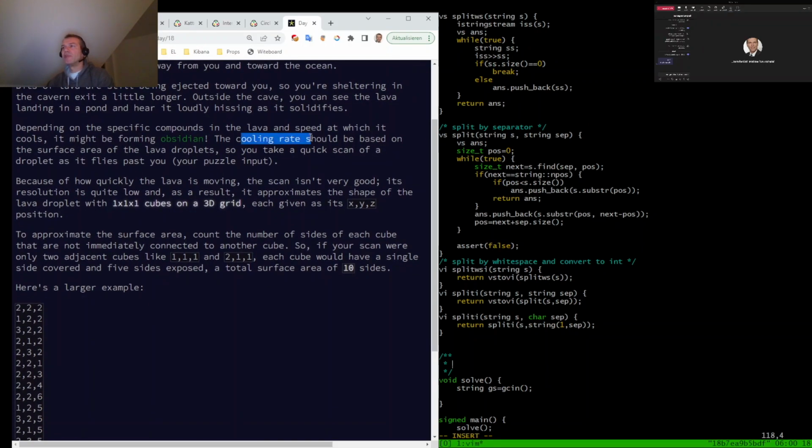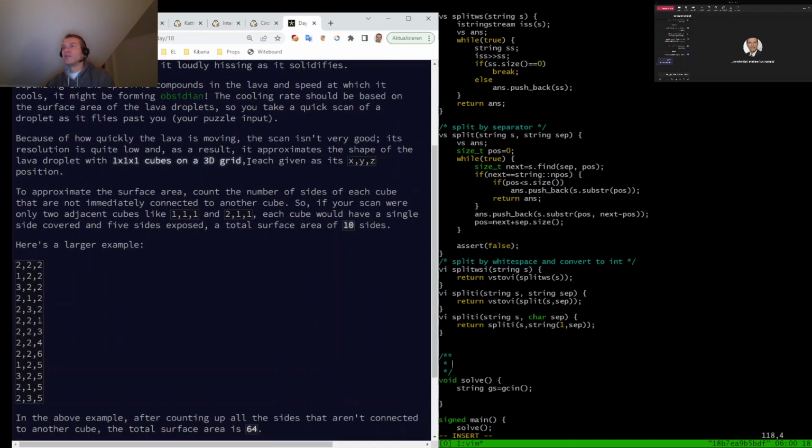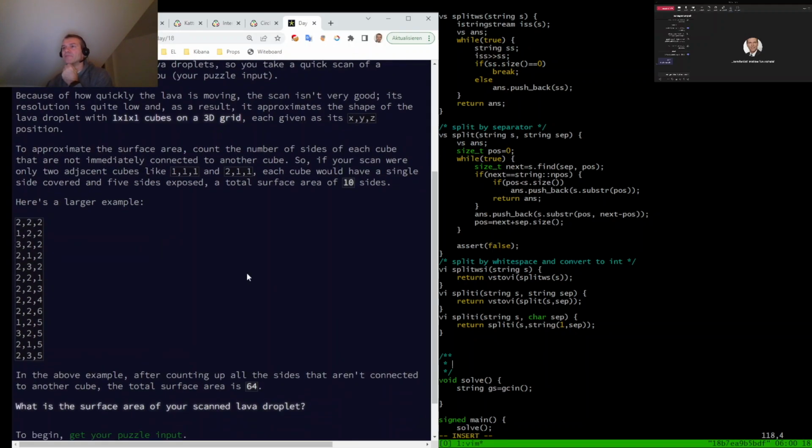So, some cooling rate. Quick scan of droplets as they fly past you, okay. So it seems to be 3D coordinates.